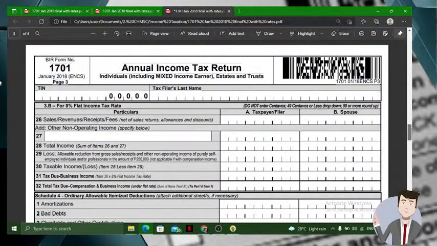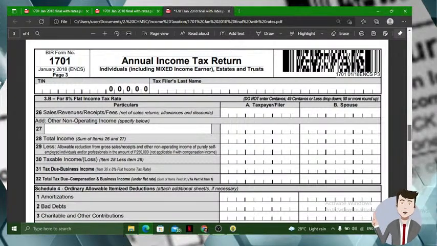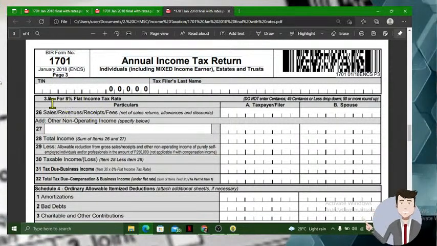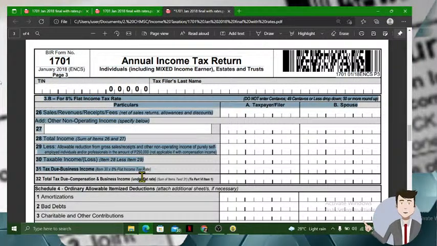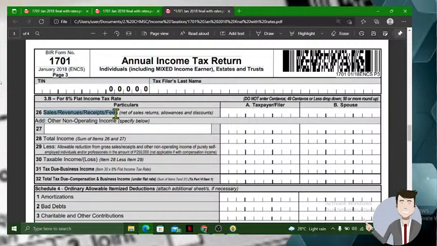So, if you are under the 8% flat income tax rate option, the portion of the ITR that you have to fill up is item 3B. Okay? That is what we should fill up. So, what are the information provided? One is sales, revenues, receipts, fees, as the case may be.